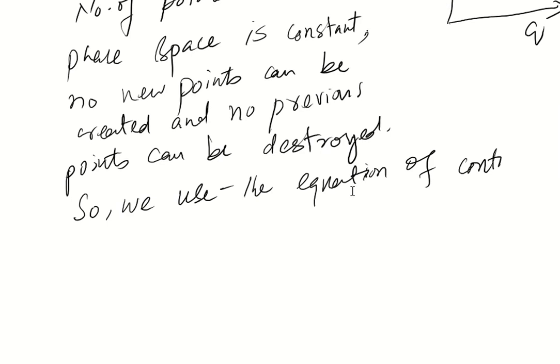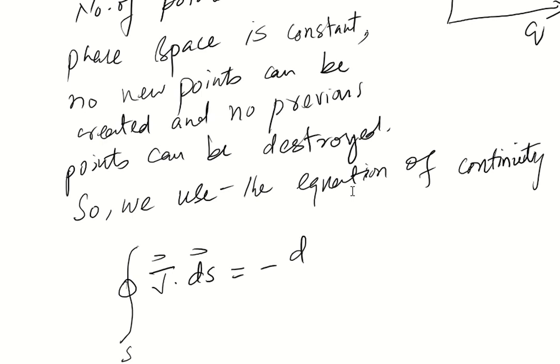Equation of continuity, that is, the surface integral of J vector is equal to minus d over dt of the volume integral of the density, where J is the current density in that case.